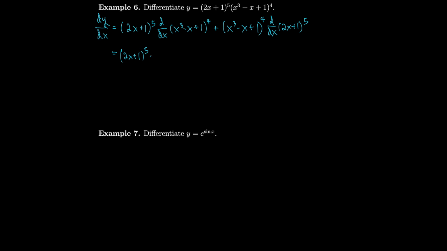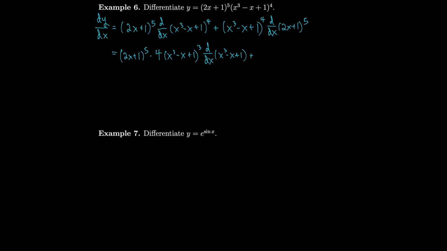Okay, so that becomes 2x plus 1 to the 5th times, by the chain rule now, 4 times x cubed minus x plus 1 to the 3rd. We just take the 4, drop it out in front, and then reduce it by 1. However, the chain rule says we have to multiply by the derivative of what was inside, so that's times the derivative of x cubed minus x plus 1.